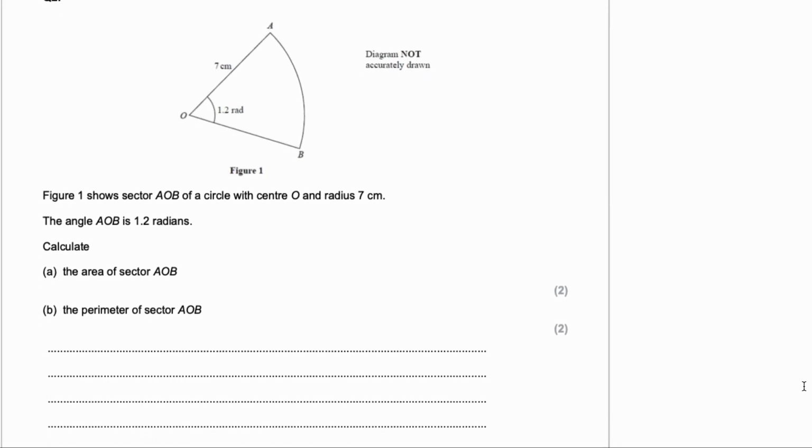Okay, let's move on. Straightforward question. Love these. So 4 easy marks in the back. Find the area of sector. So area is a half r squared theta. Perimeter is 2r plus r theta. So we know that the angle is 1.2 and the radius is 7. So 1 over 2 times 49 times 1.2.